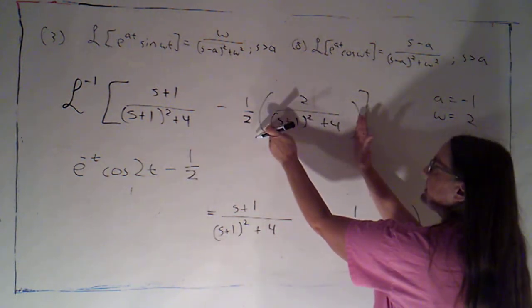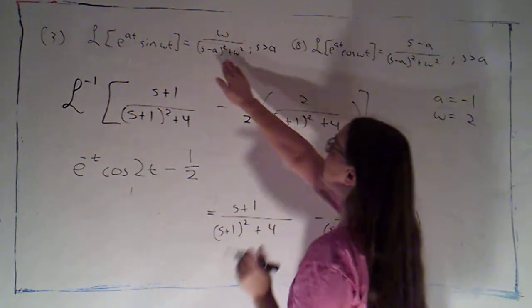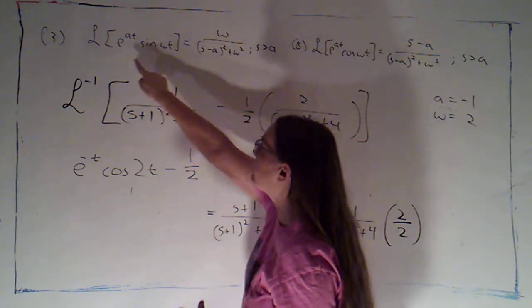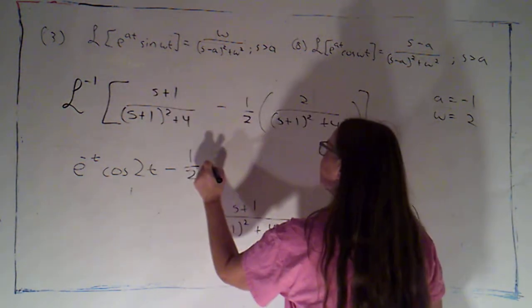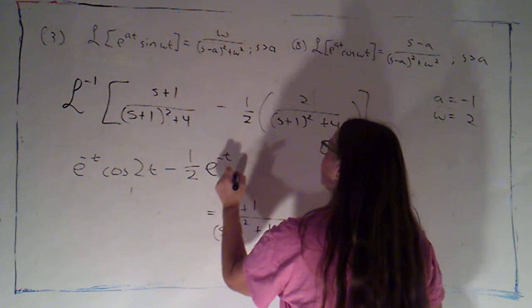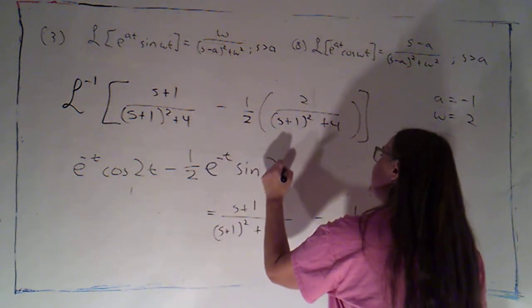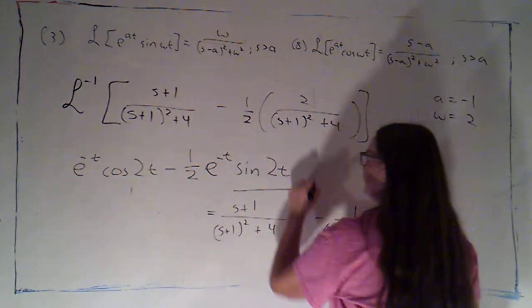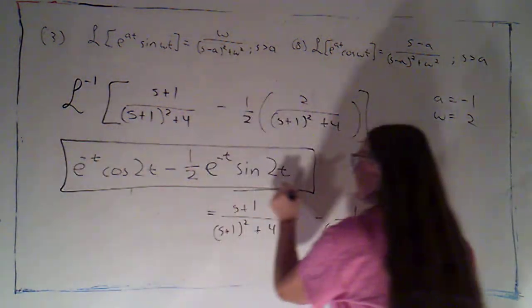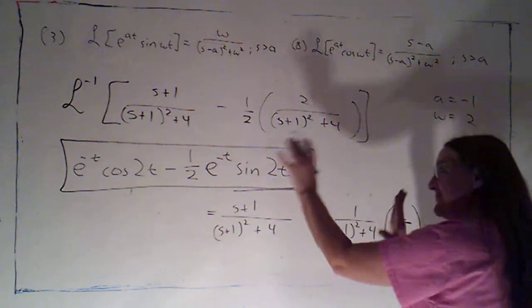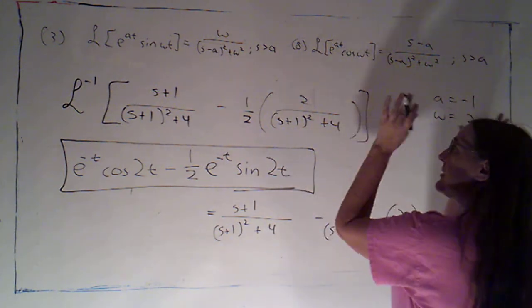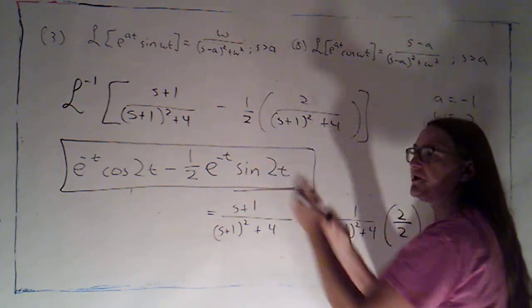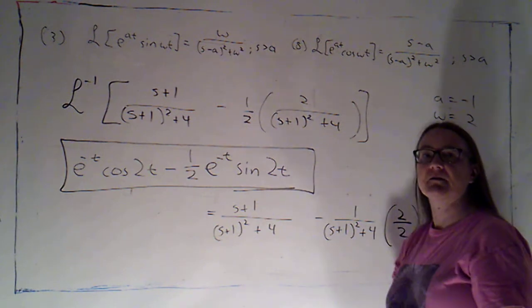Now I can take the inverse Laplace transform here, which matched this formula, so I'm going to get e to the at, so that's e to the negative t, times sine omega t, plugging in my 2 for omega. So there's a lot of algebra we've got to do in order to make things match, in order to be able to take that inverse Laplace transform.